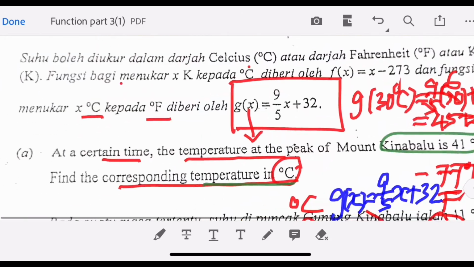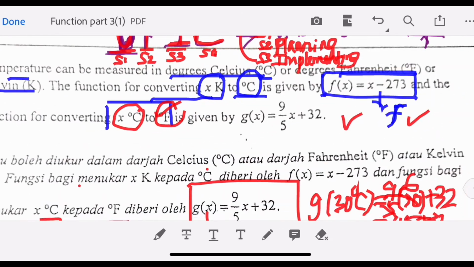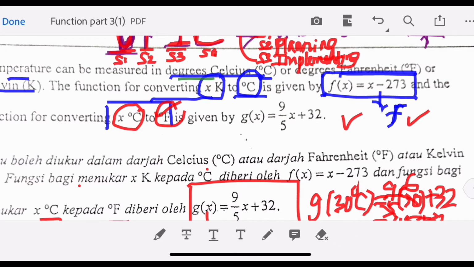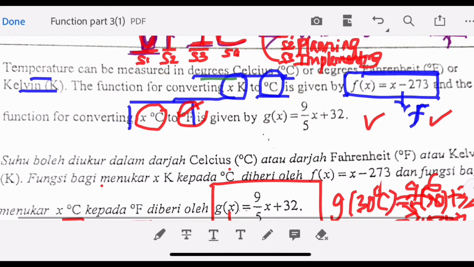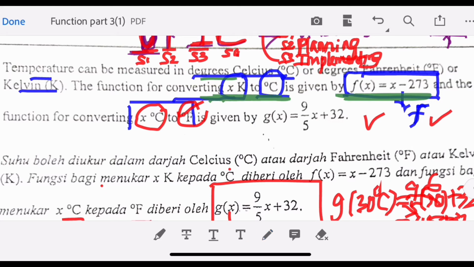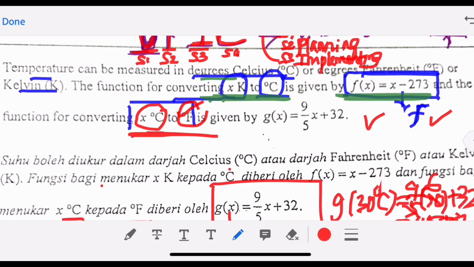Okay, see, the question says the temperature can be measured in degrees Celsius. Okay, the function converting Kelvin to Celsius, see or not? Let me highlight. Kelvin to Celsius is given by this function. Okay, and then the function that converts the Celsius to Fahrenheit.